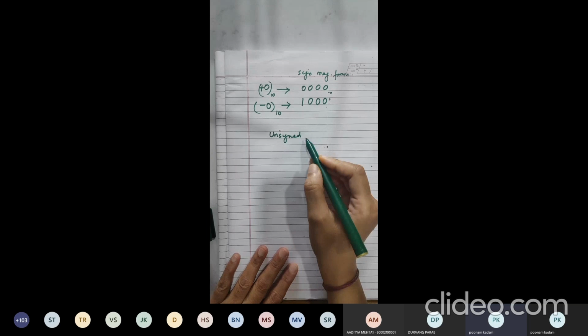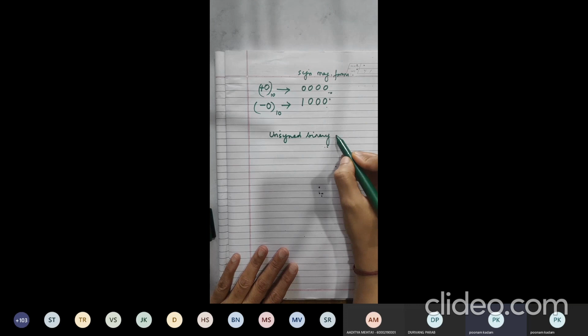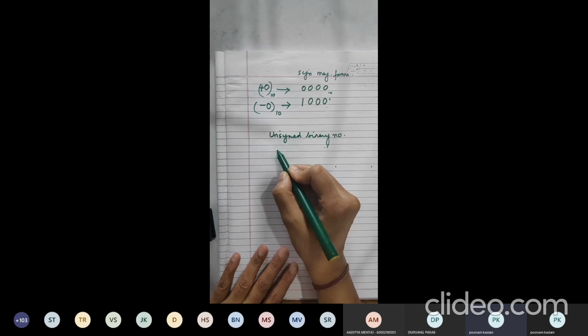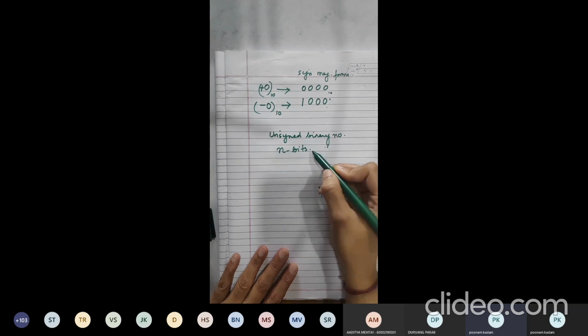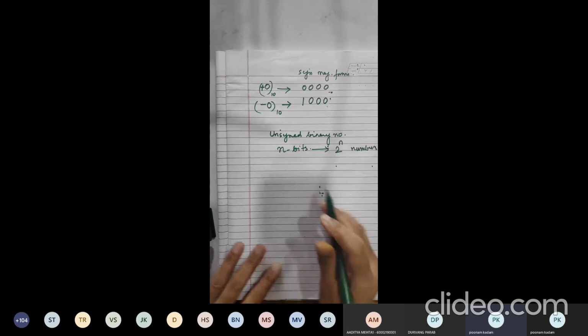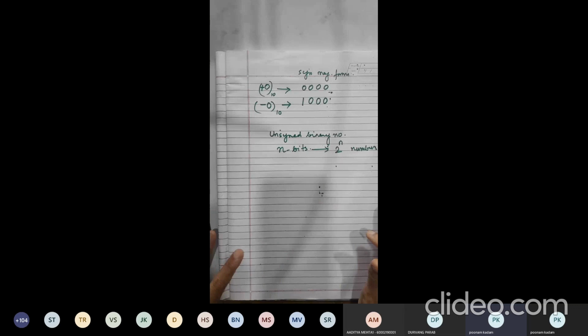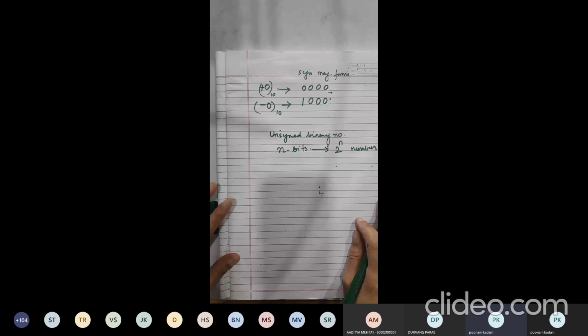For unsigned binary numbers, that means when we are not concerned about the sign of the number, we have seen that if you have n bits, you are able to represent 2 raised to power n numbers. So with n bits, you have 2 raised to power n unique code words, right?